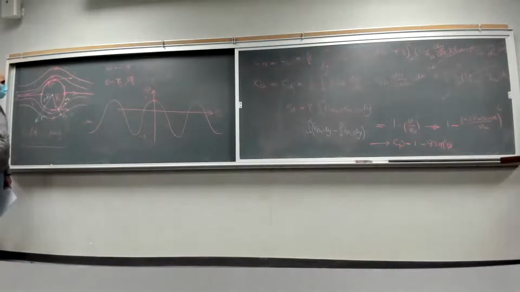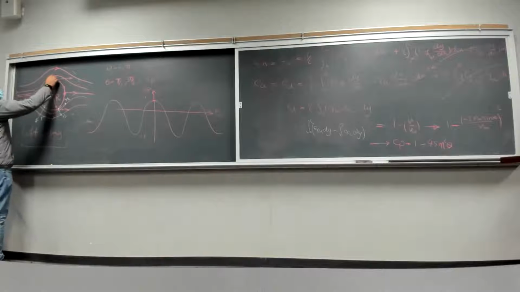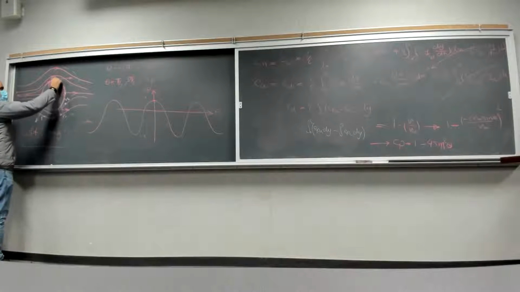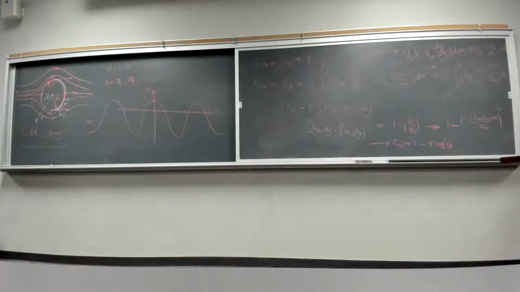So we are calculating the pressure force on this part of the cylinder, and then on this part of the cylinder, and we are just subtracting these pressure forces, which supposedly is going to give us the drag, right?